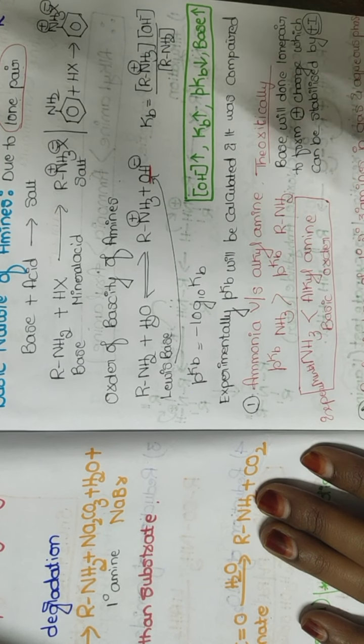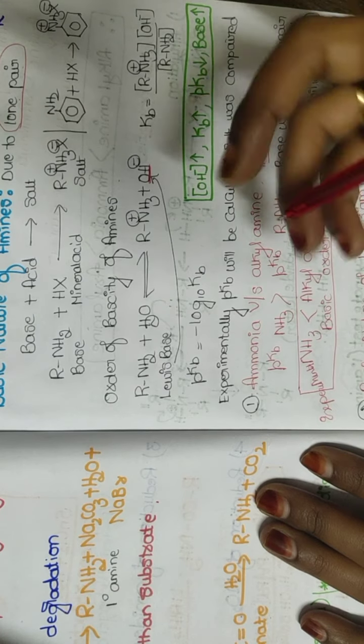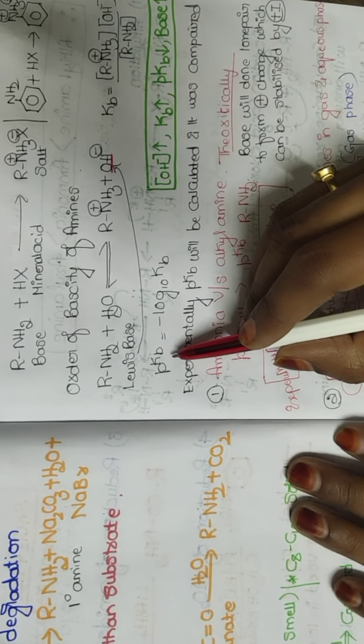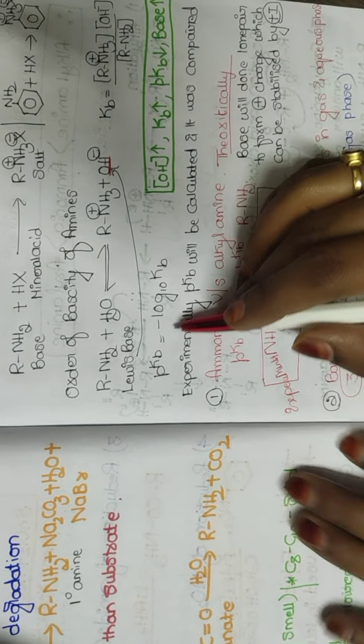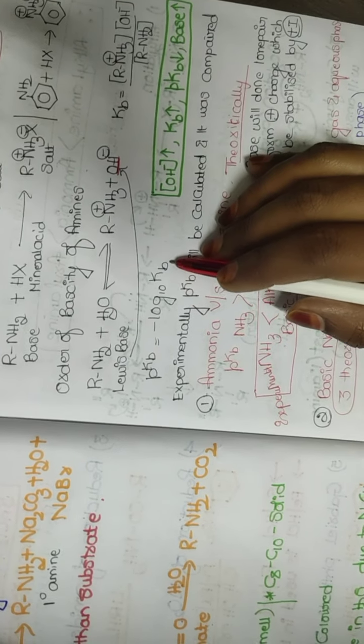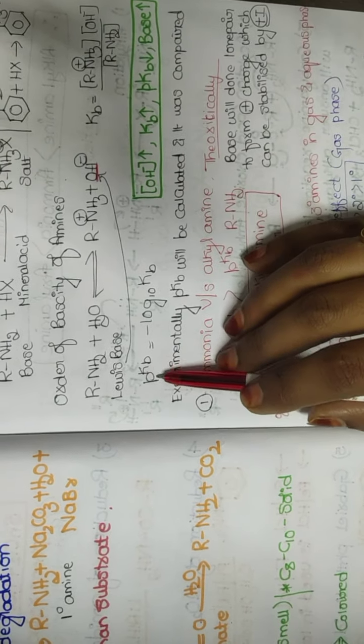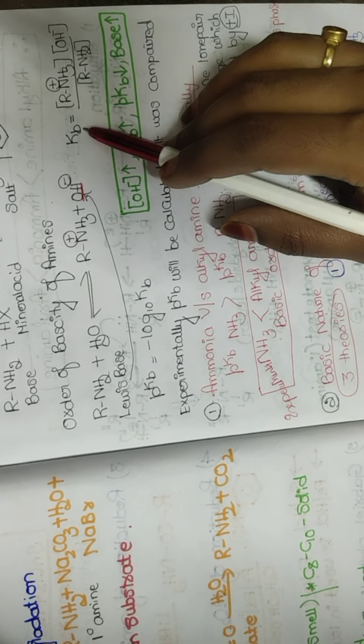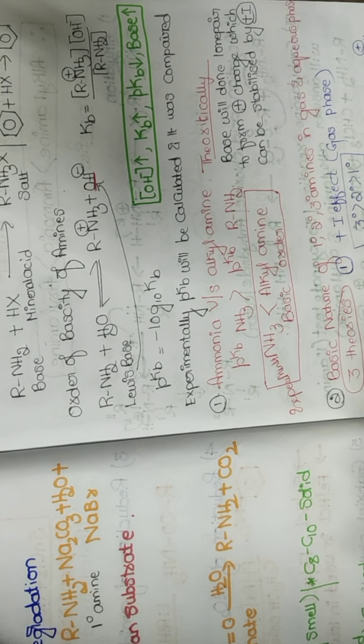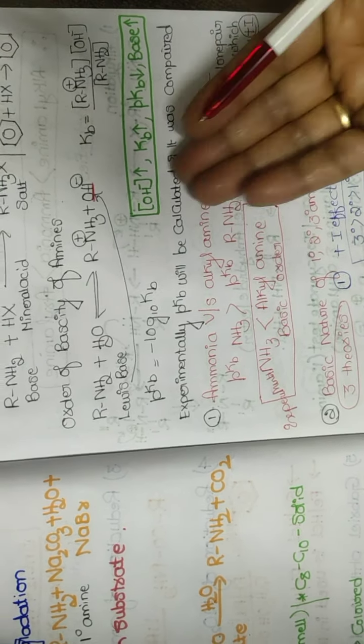To get a reasonable and precise value, we calculate pKb, where pKb is nothing but negative log to the base 10 of Kb. If I know the pKb value and Kb value, I can find out the strength of a base with a simple relationship.